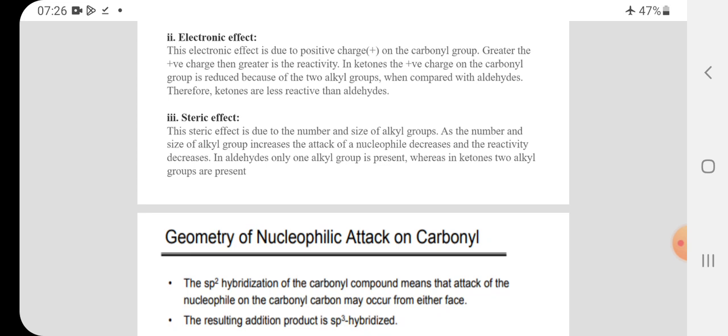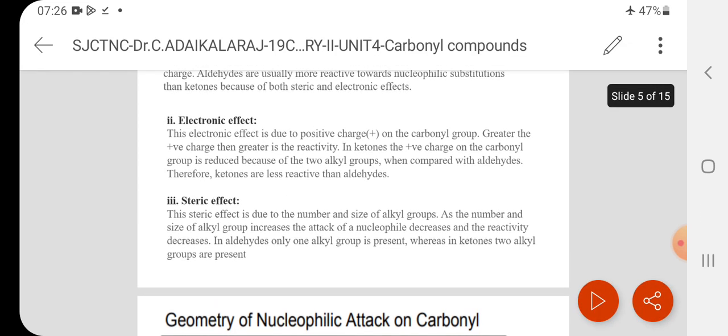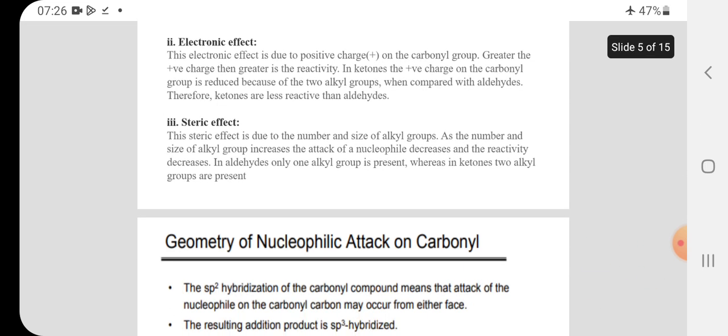In ketones, the positive charge on the carbonyl group is reduced because of the two alkyl groups, when compared with aldehydes. Already we know that in aldehydes the carbonyl group is attached to at least one hydrogen atom. But in ketones, the carbonyl group is attached to two alkyl groups. Therefore, the two alkyl groups donate electrons and reduce or stabilize the positive charge. Therefore, the ketone is less reactive compared with the aldehyde.